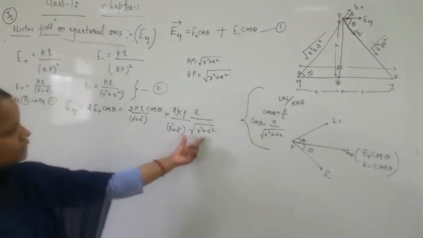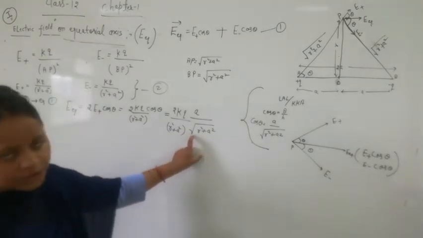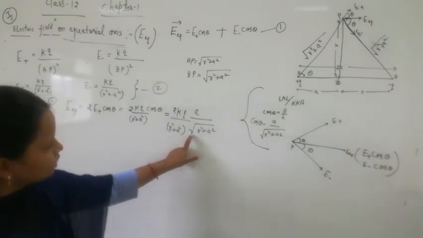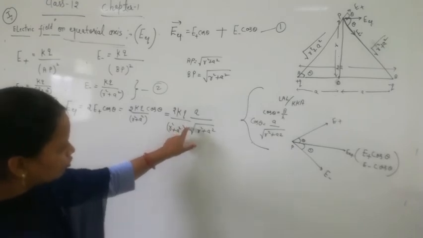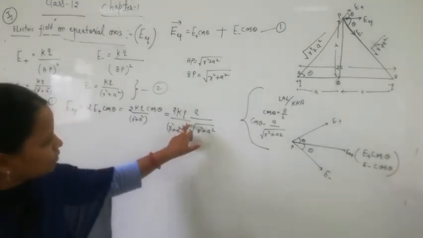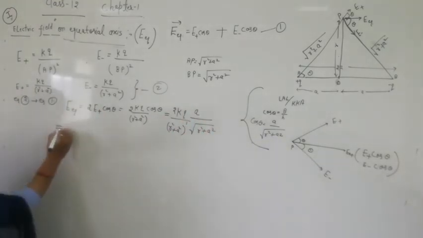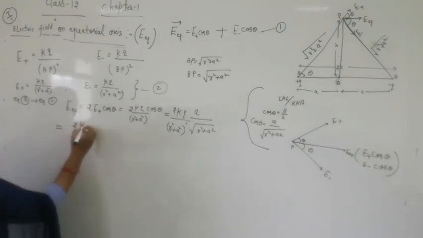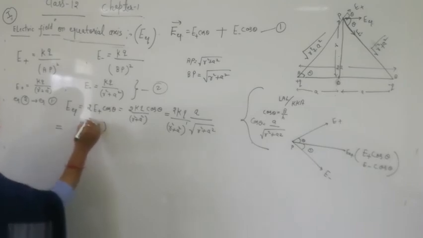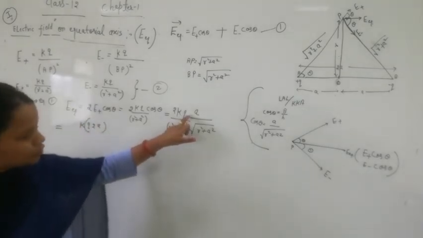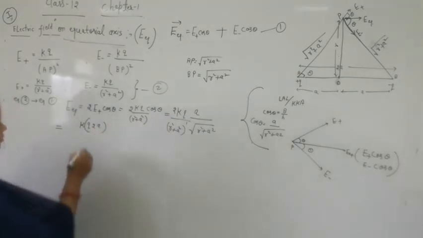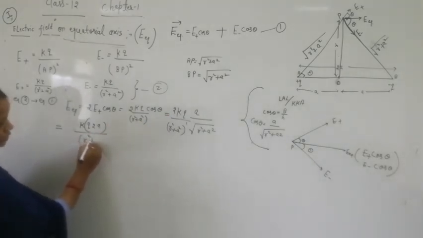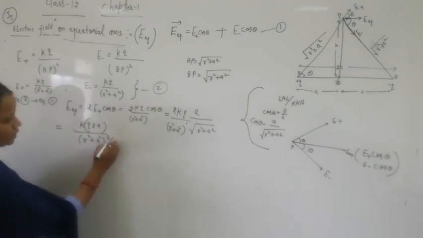We combine these two terms. The root has a 1 by 2 power, half term, and the other is a full term, I mean 1 term. 1 plus 1 by 2 is equal to 3 by 2. So we get 2kq a upon r square plus a square whole power 3 by 2.